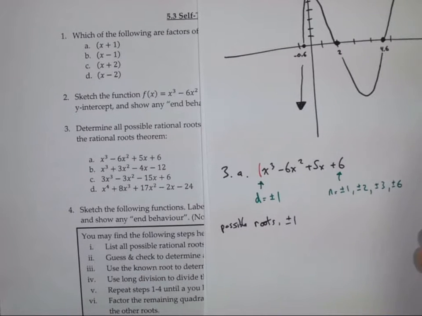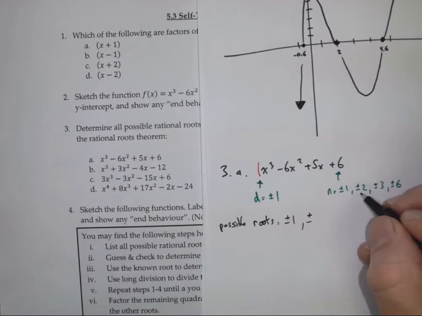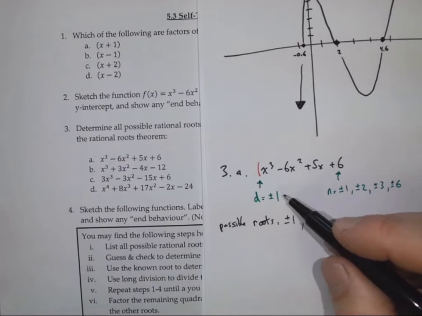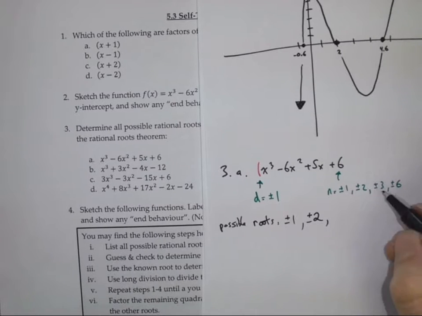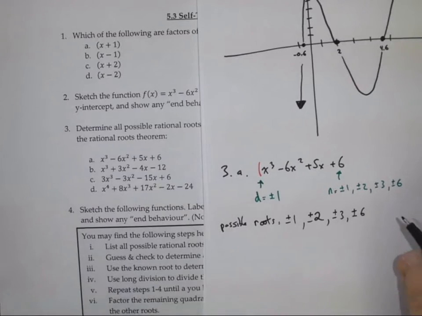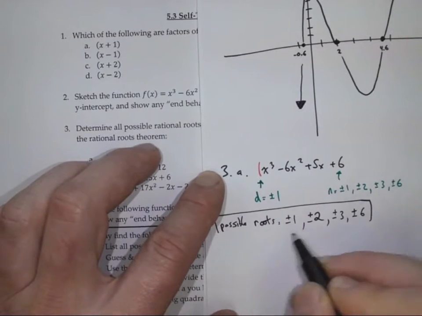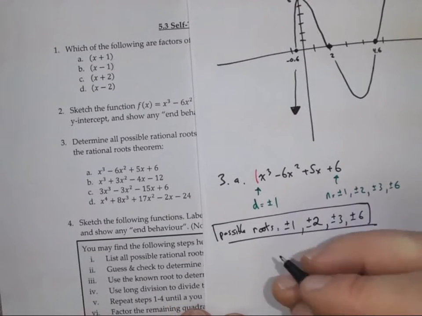Either way you get plus or minus 1. And actually, it's the same thing with 2. When you put any of 2's over either of these, you end up with only a possibility as a plus or minus 2. And the same with plus or minus 3 and plus or minus 6. So there's our final answer for that one.